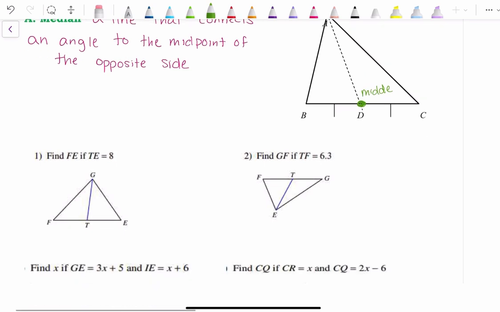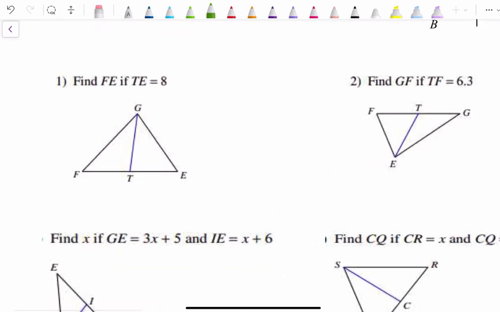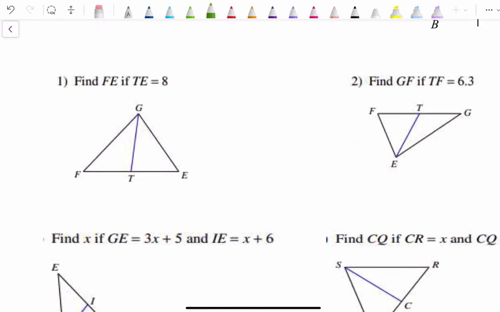So let's go down here. We want to find FE if we know TE is 8. So we know this little piece from T to E is 8. And I'm assuming that is a median based off of what we just wrote as a definition. So if that's the median, then I know that's the middle.